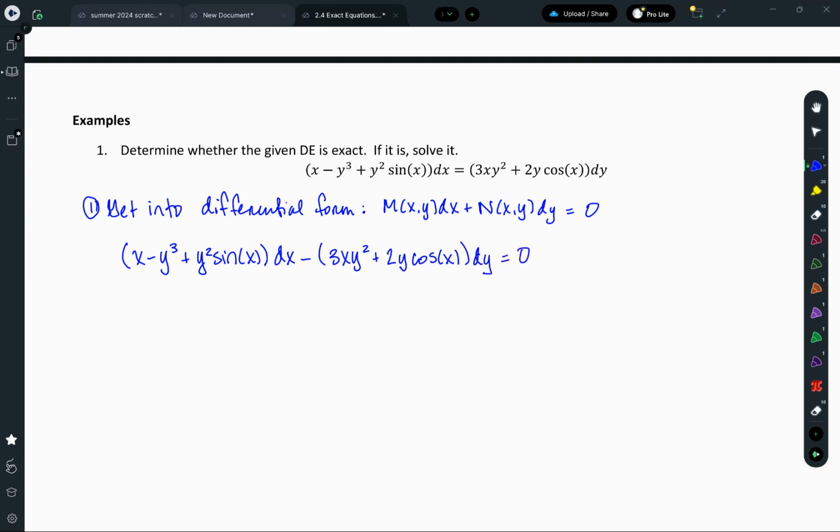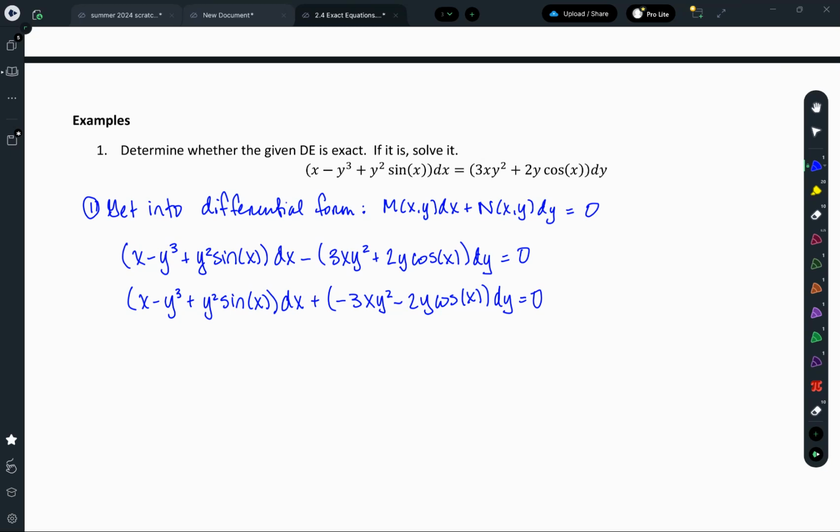Now this is not quite in standard form for the differential form, so I need to distribute the minus sign first. So I rewrite: x minus y cubed plus y squared sine of x, dx plus, in parentheses, minus 3xy squared minus 2y cosine of x, close the parentheses, dy equals 0.